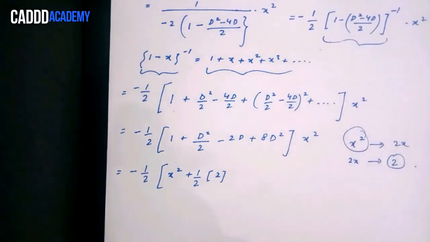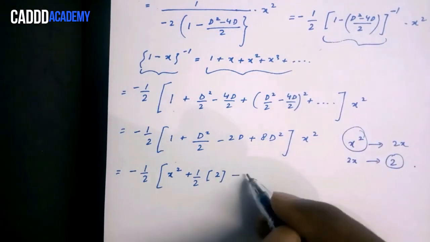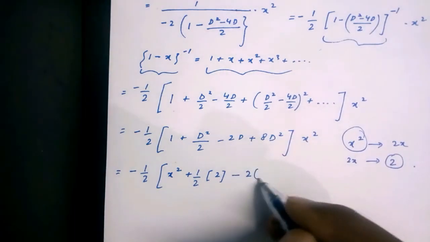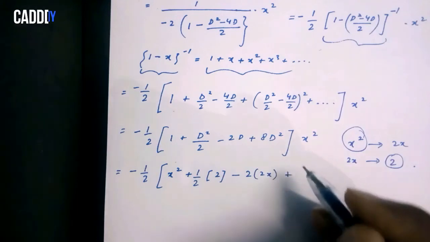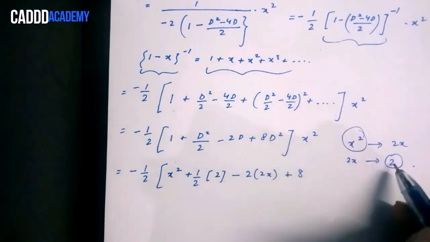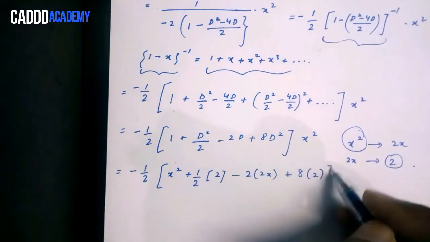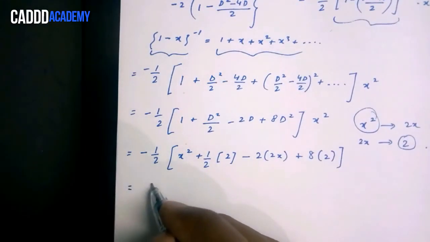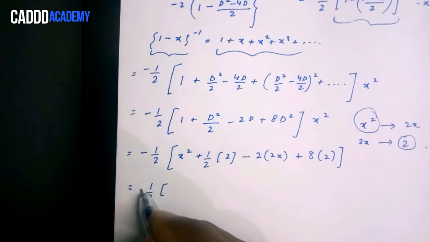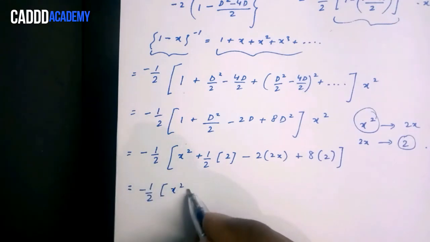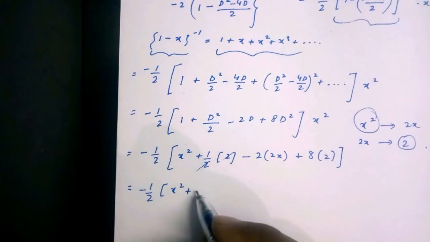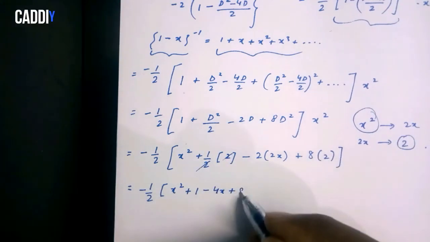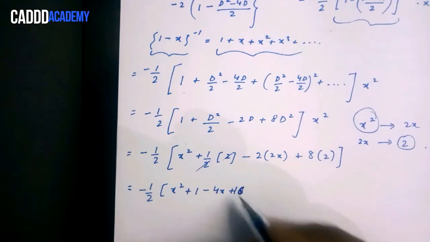After that we have minus 2 into the first derivative of x square, into d, that will be 2x, plus 8 into the second derivative, which is 2. So after solving this we will get minus half into (x square plus this will be 1 minus 4x plus 8 times 2, which is 16).